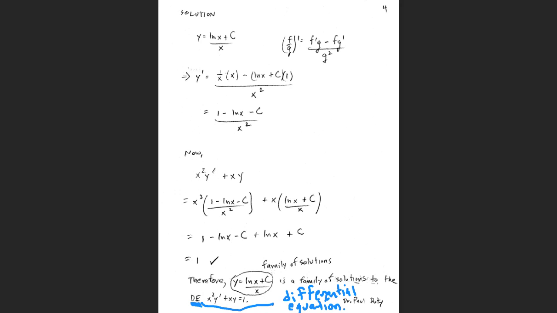For this one, we would need another technique, but that's fine. Are there any questions?